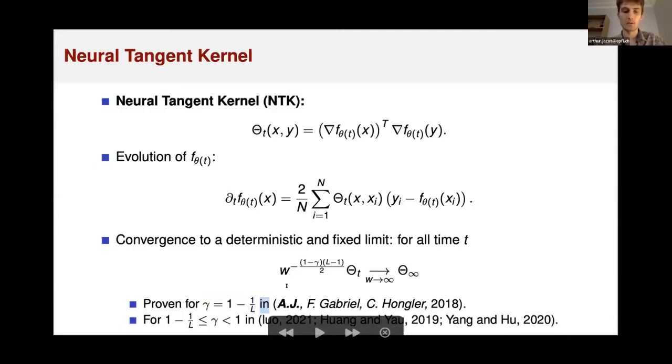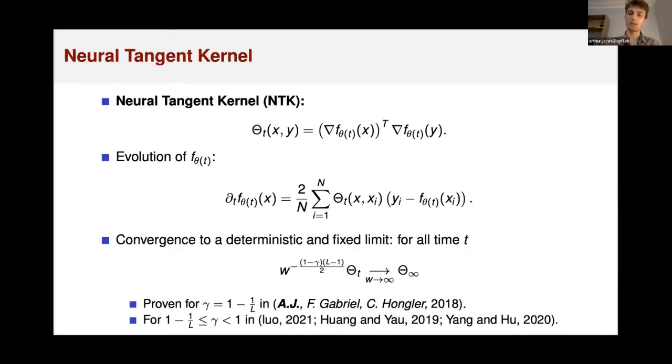But some more recent results suggest that this convergence of the NTK to a deterministic limit should extend to the whole large initialization regime I talked about, so any gamma which is strictly smaller than 1. And essentially the reason why the NTK is fixed during training is because you converge to a very close by global minimum that I mentioned before.